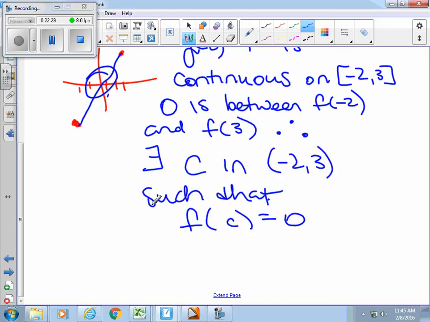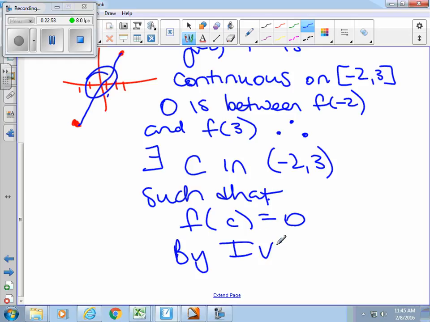Such that f of c is 0. We'll do more symbols on another day. Two symbols in a day is good. Therefore, and there exists. Okay, would you agree I just stated what the intermediate value theorem says?